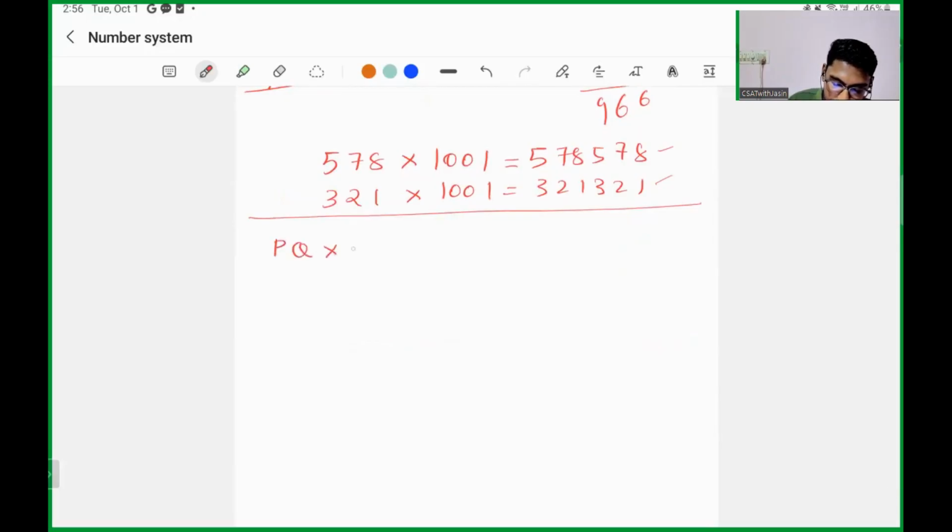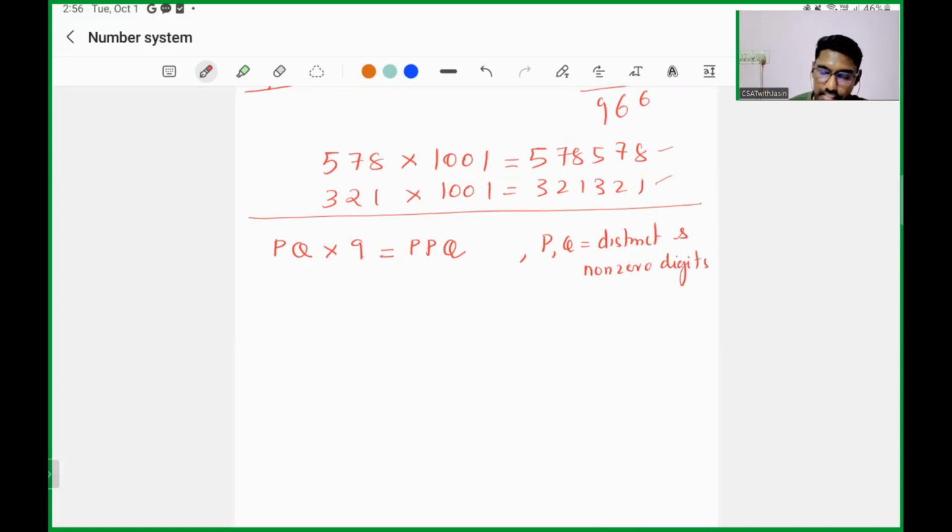PQ into 9 is equal to PPQ. Here P and Q are distinct and non-zero digits. So P and Q shouldn't have the same value, and you should not give 0 also.